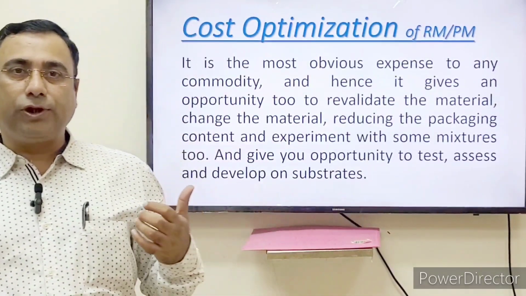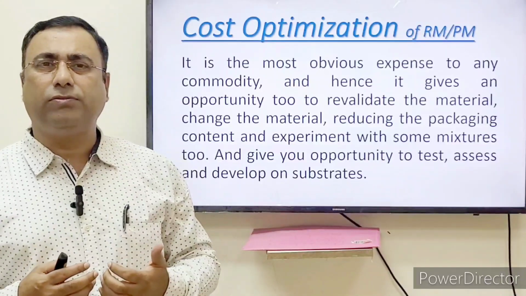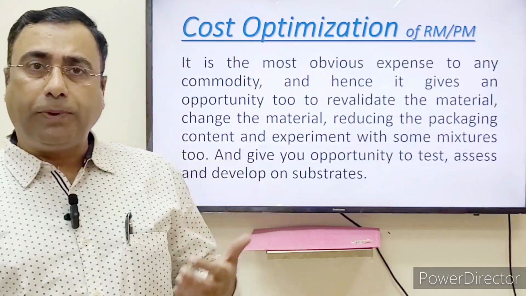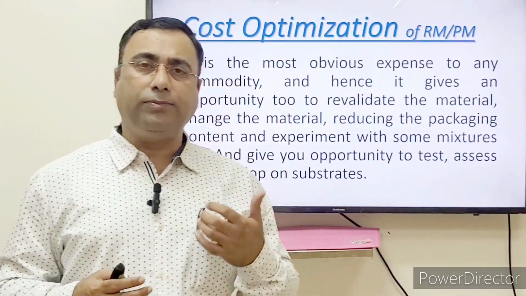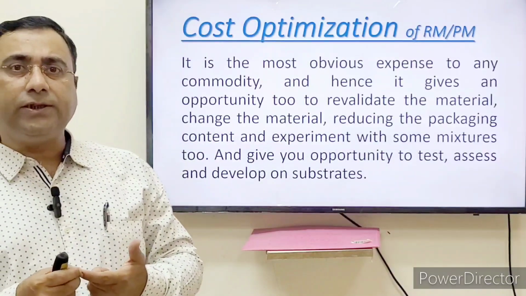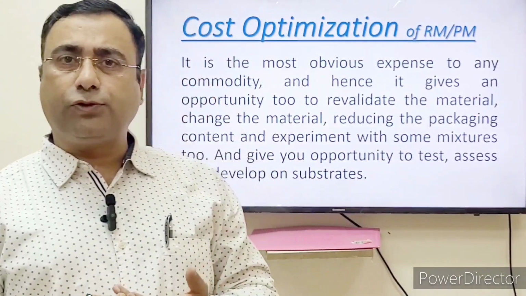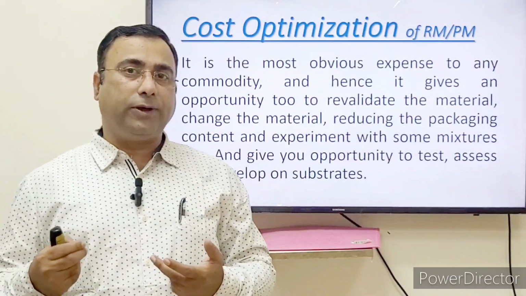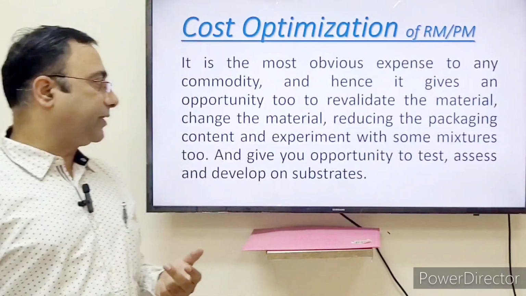For raw material, you have less opportunity to optimize. However, the packaging material has a great chance. You have the opportunity to look into packaging material replacement or a mixture of the two products, or to develop variety in the substrates.